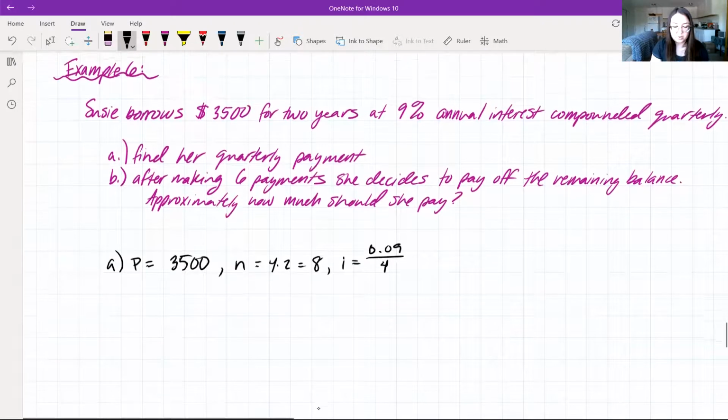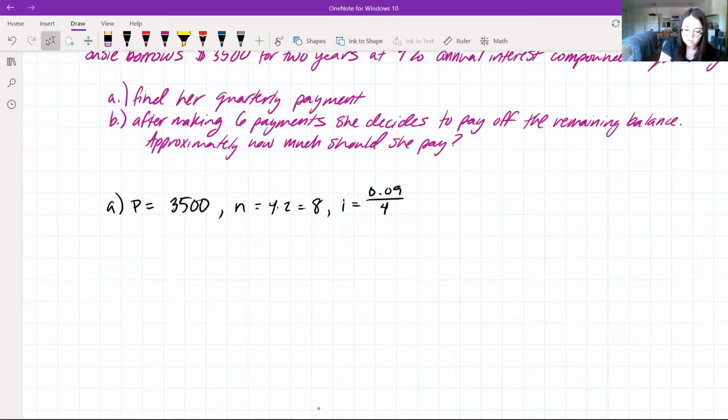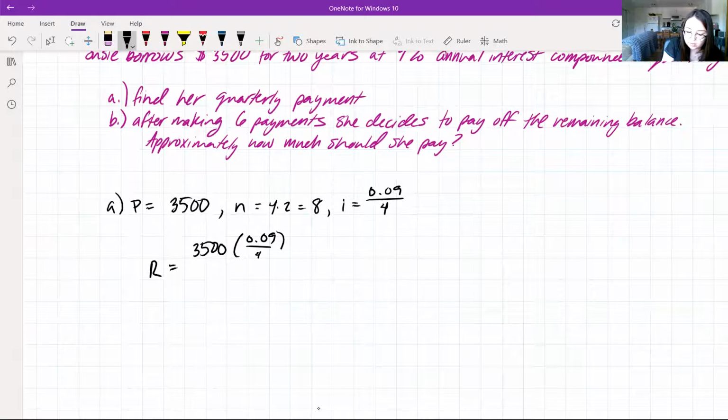So if we just want to find her quarterly payment, we need to use the equation that we just learned in our last little part there. So R is equal to P times I, divided by 1 minus 1 plus I to the negative n power. So 3,500 times I, which is 0.09 divided by 4, divided by 1 minus 1 plus 0.09 divided by 4 to the negative n power, so negative 8.